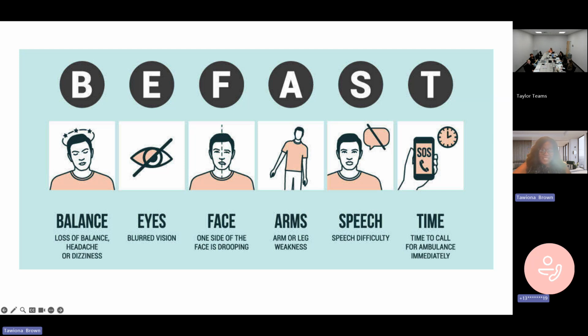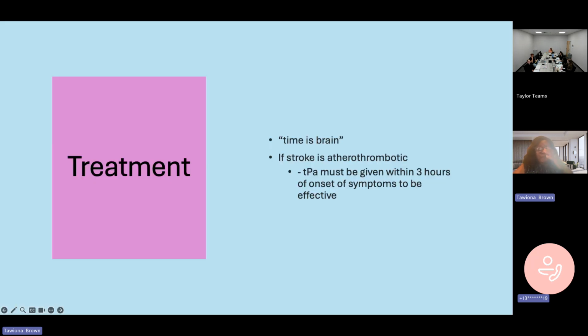And so the saying of time is brain is very important with both an ischemic stroke and with a hemorrhagic stroke. Because what happens is the stroke team basically comes in and they're in the ED. And when they're there, they're going to take that patient through a brief series of neurologic tests. And then that patient's going to receive a CT scan to see if that stroke is either hemorrhagic or if it's thrombotic.